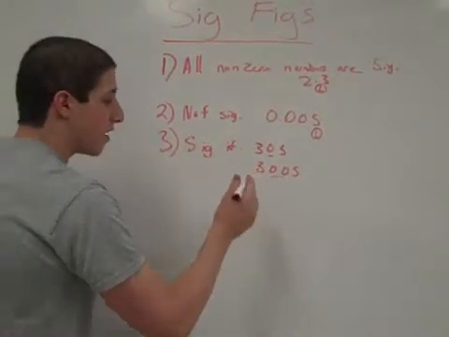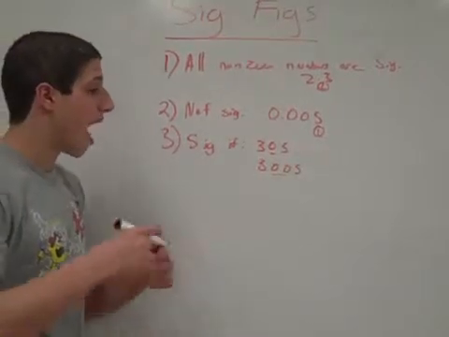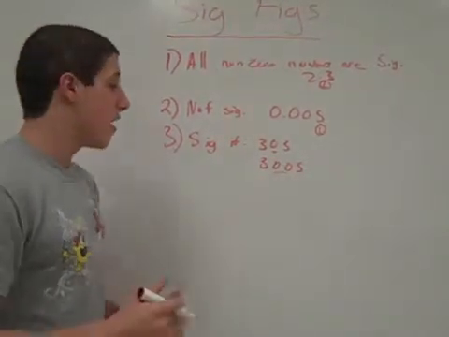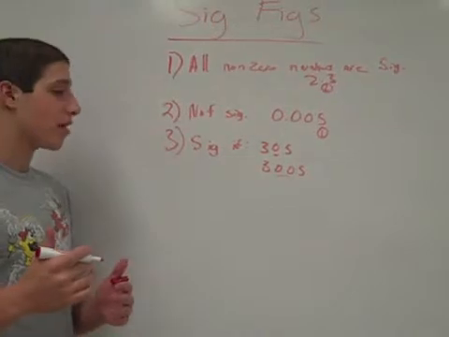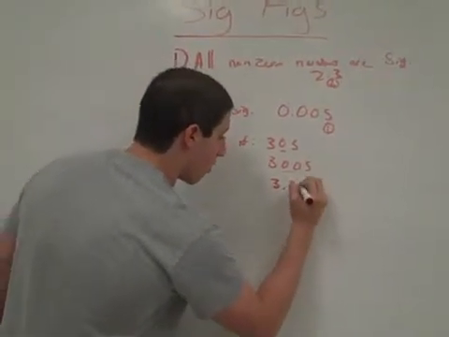When you have any zero after a decimal that also is after a significant figure, it shows that it is also significant, such as 3.00.